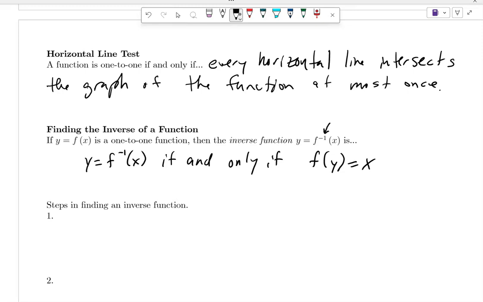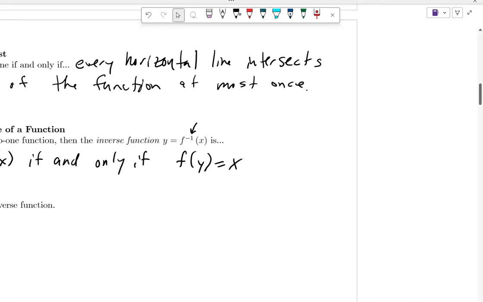Now, one thing that I want you to notice, this is very, very important, is this notation right here. This looks like an exponent. It is not an exponent. This is the notation for the inverse function. I know that you're used to seeing a negative exponent means flip it upside down, right? That's what negative exponents typically tell you to do. That's not what this means for functions. This means take the inverse function.